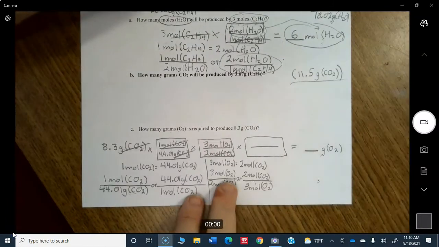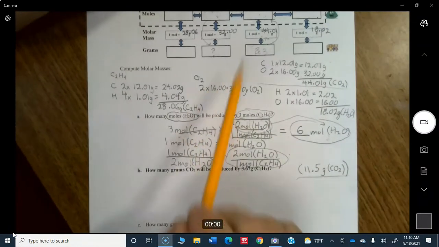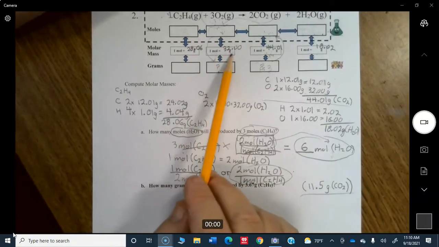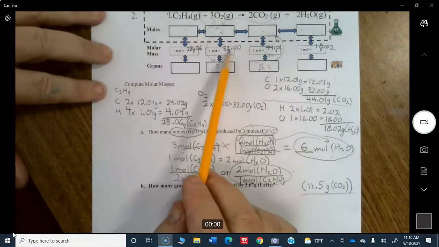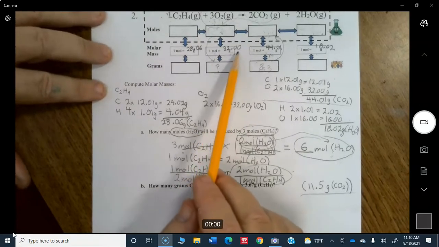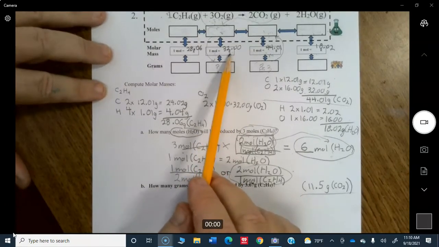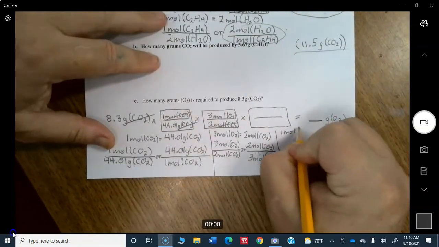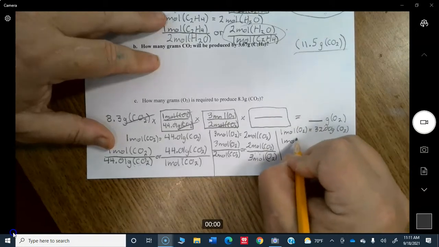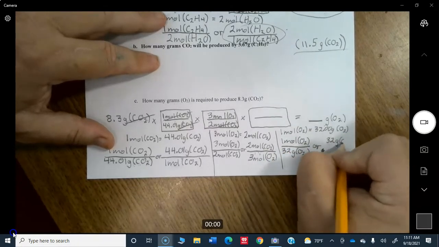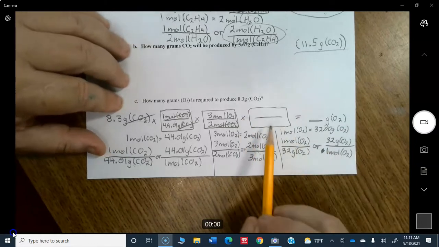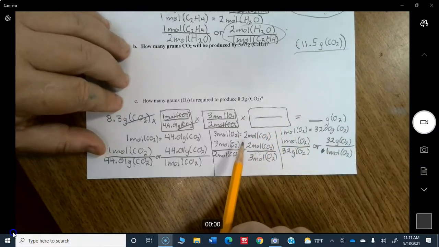So our last conversion, we need to get out of the equation and back into grams using the molar mass of oxygen, O2. So 1 mole of O2 equals 32 grams of O2. So that's going to be our equivalency. Okay, there are the two conversion factors. Which one goes in this box?